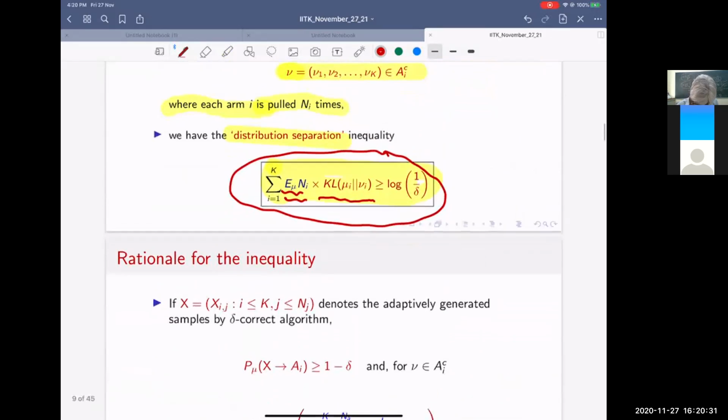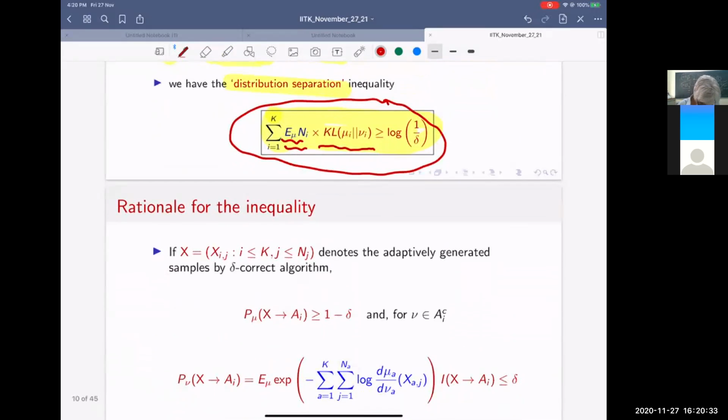That's perhaps insightful. So suppose we are given this data, because algorithms only observe data. For the ith arm, i from 1 to k, it observes n_i samples, and then it decides. These samples are adaptively generated by the delta-correct algorithm.